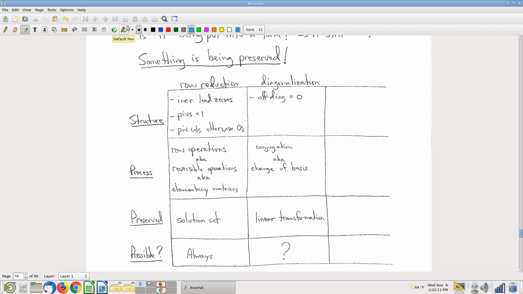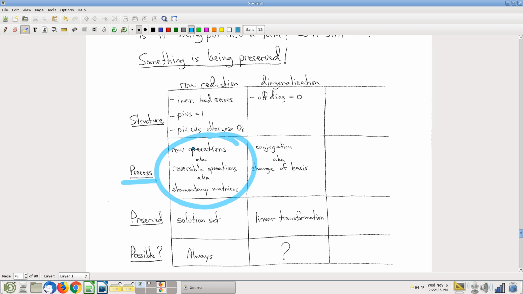So here's a little table, comparing and contrasting row reductions from chapter 1 and diagonalizations from here in chapter 5. When you put a matrix into reduced echelon form, well, there's reduced echelon form. That's the rules. That's the definition of reduced echelon form. The process by which you put a matrix into reduced echelon form is row operations. Which, by the way, don't forget, row operations are just a shorthand for equation operations.